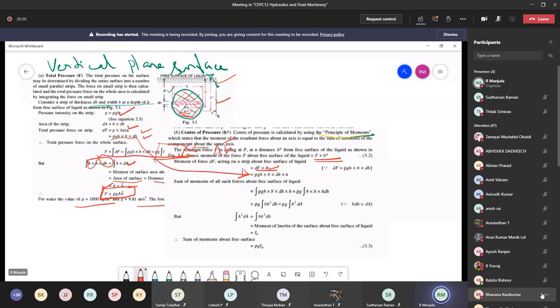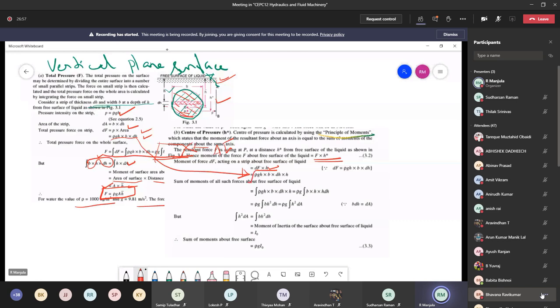Now we take the sum of the moments of all these forces about the free surface, only with reference to the free surface. Then you have to integrate. Rho g H into b into H into dH.